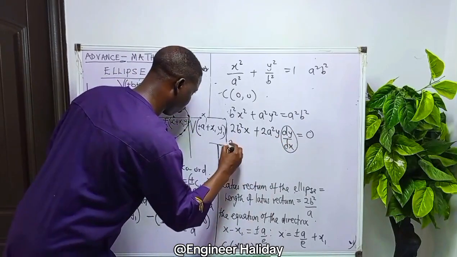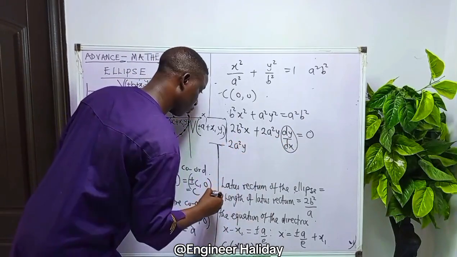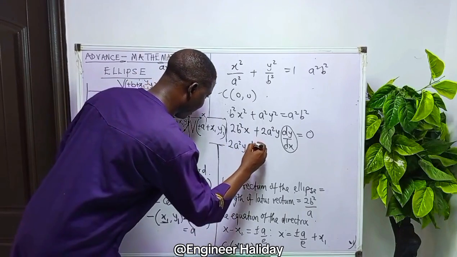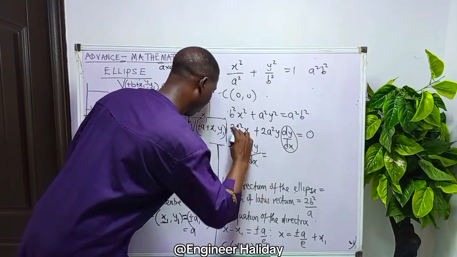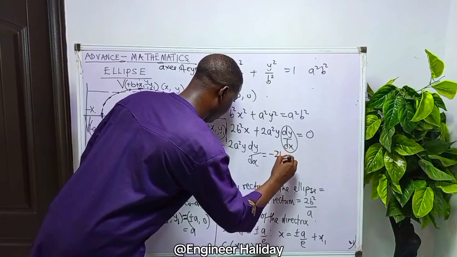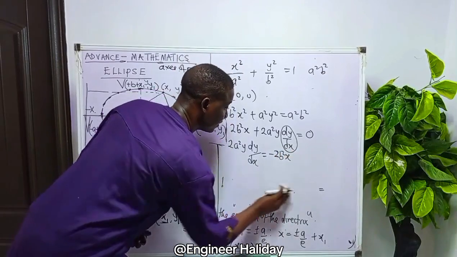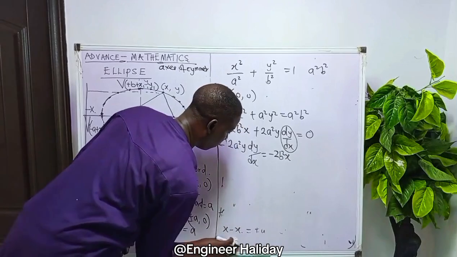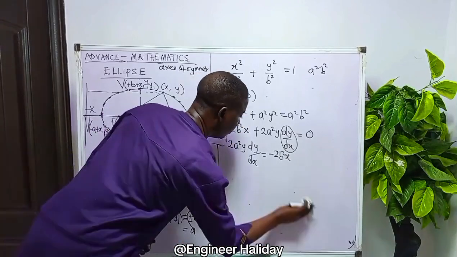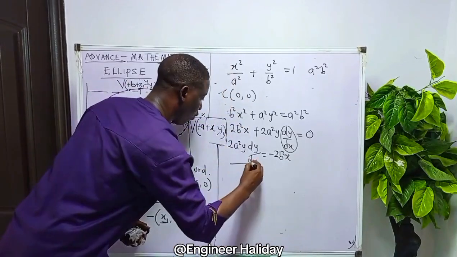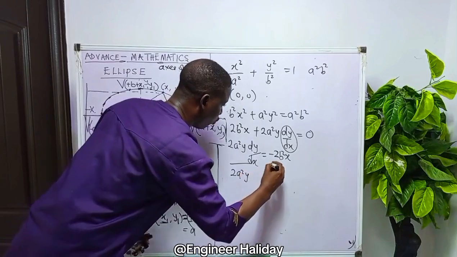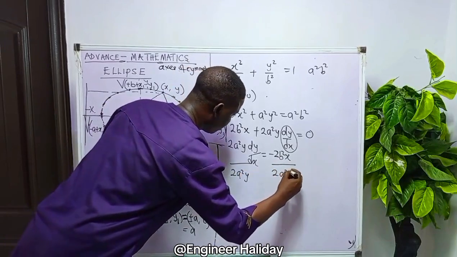Take this one to the other side. I have 2a squared y dy over dx gives us minus 2b squared x. Now divide both sides by 2a squared y.